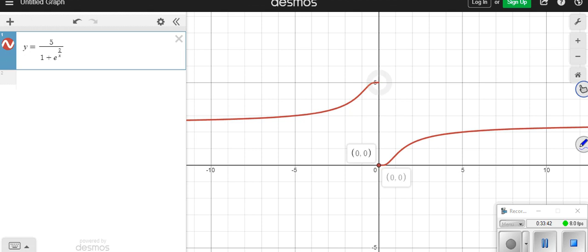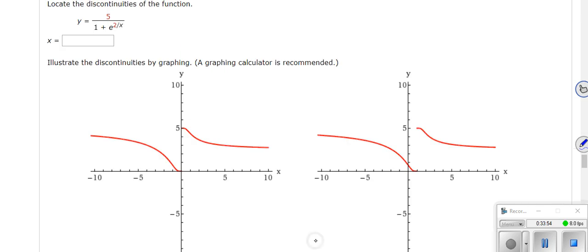This one is the one that's shadowed. So our point of discontinuity would just be 0. And then, of course, from the graph, you could tell which one it was. Desmos is our friend. Let's move along.